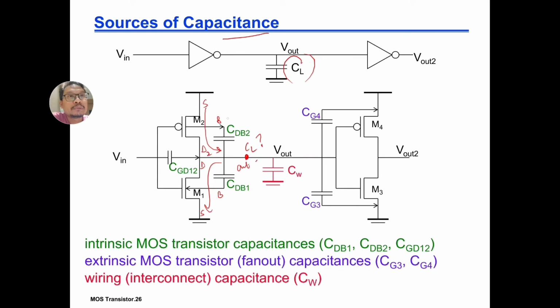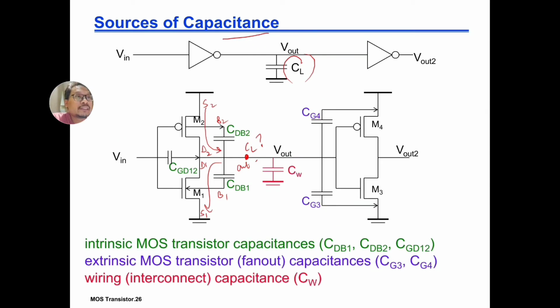Here is drain 2, bulk 2, source 2, source 1, bulk 1, drain 1. You can see the bulk is connected to our drain, and we have capacitors CdB1 and CdB2. Those are called the intrinsic MOS capacitance.